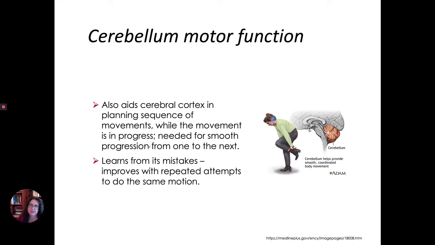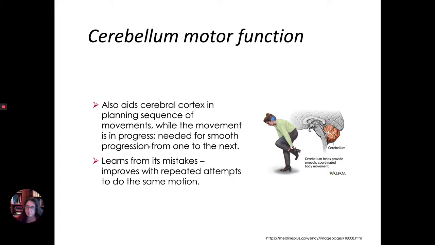Not only is it modifying the activity as it's progressing, but it has a little bit of a planning portion to this as well. So that once you know where you're at with the current movement, it can help to smooth the progression. That's why it's so important when you have fast movements. The cerebellum helps you to transition to that next thing more effectively.